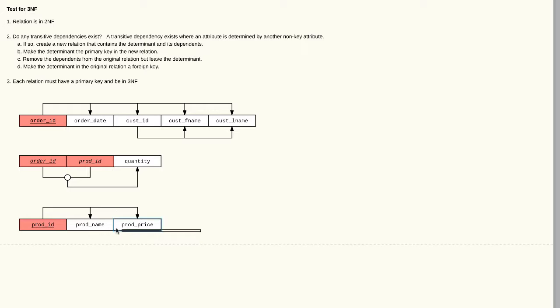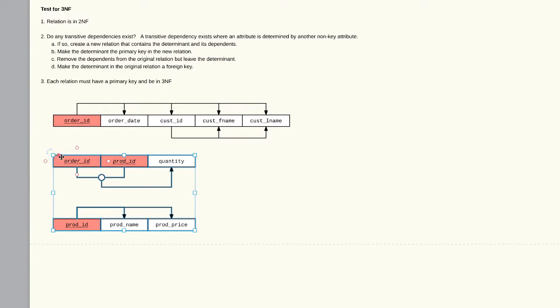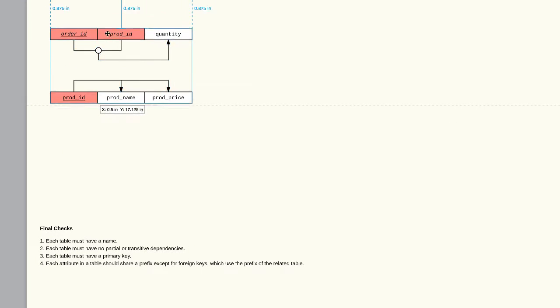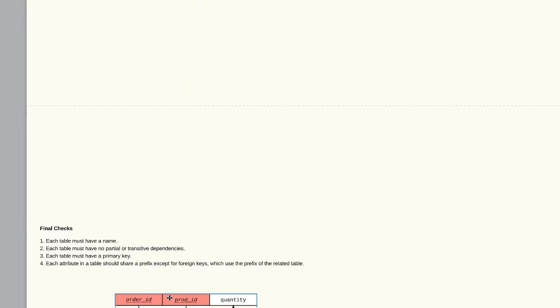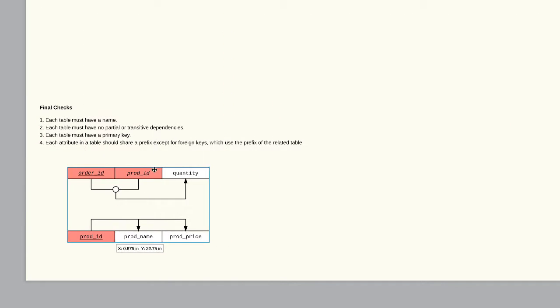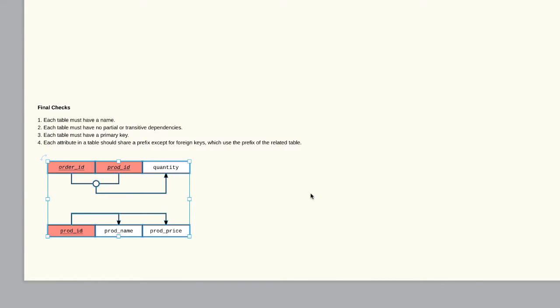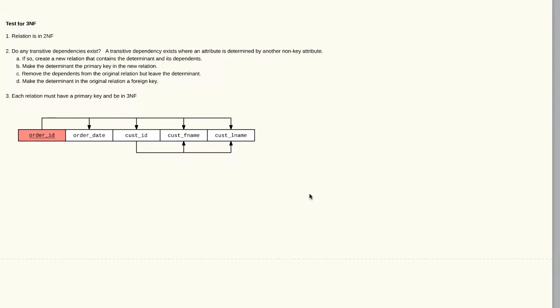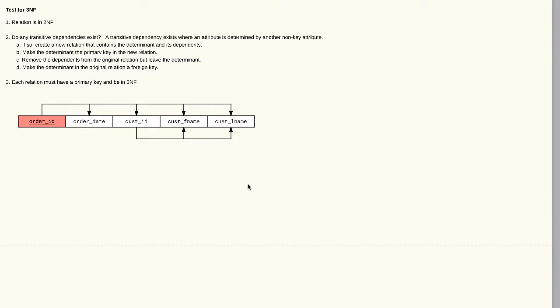So what I'm going to do is move these over. I should move them down into the final checks area because they are good to go. They're in third normal form essentially at this point. But this one here is not. So we need to get him into shape.